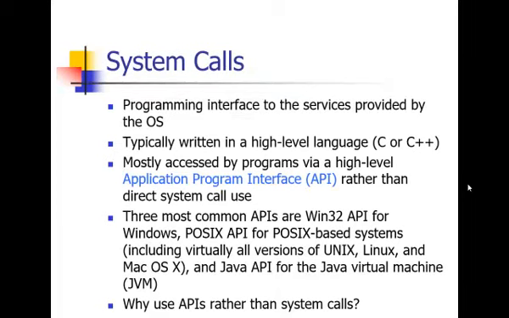Now we'll see what a system call is. System calls are provided by the operating system. Whatever application we use at the user level needs certain execution to do certain tasks.